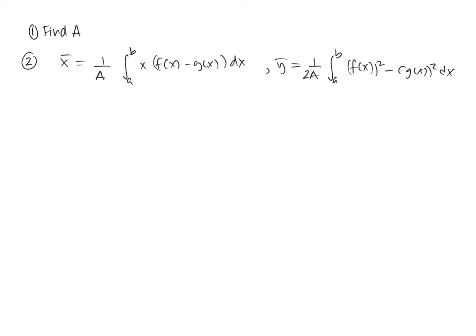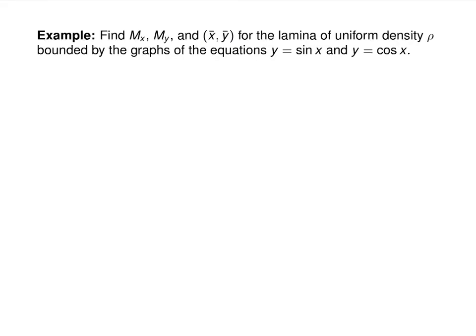Okay. So let's do this next one that way, okay? We're going to ignore their directions, and we're just going to find x bar, y bar. All right. And by find, I mean I'm going to set the integrals up and then tell you what to do with them. So you have sine x and cosine x. Here in Calculus 2, you have to know how to graph sine and cosine.